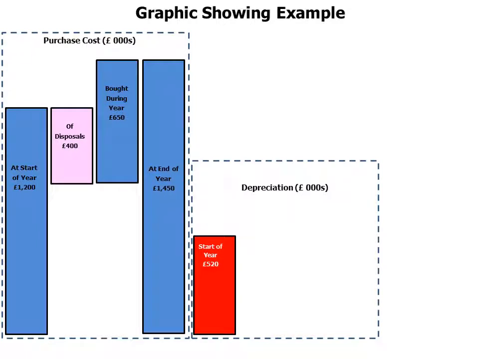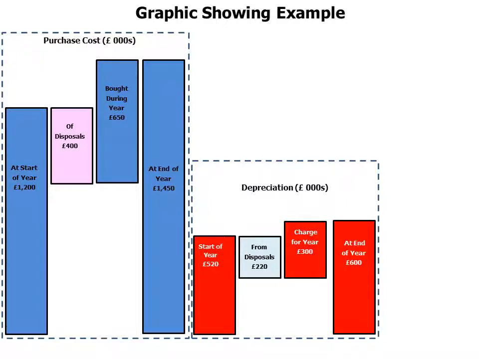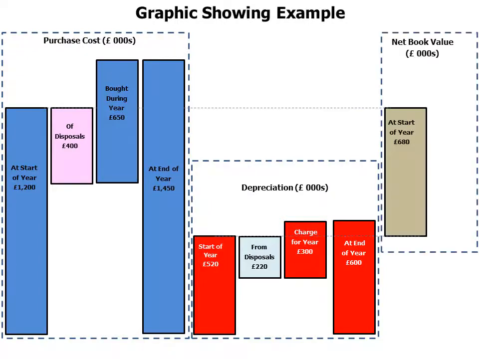And in terms of accumulated depreciation, it started as 520, £220 in accumulated depreciation went out from disposals, and then we had a charge for the year of 300. So the total accumulated depreciation at the end of the year is 600.